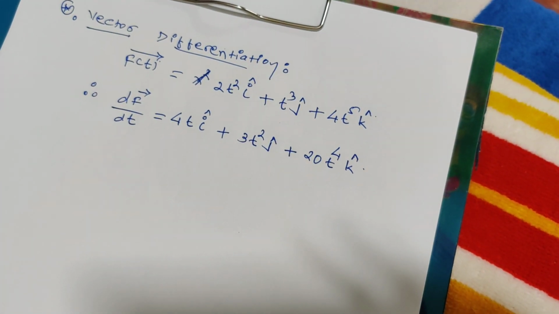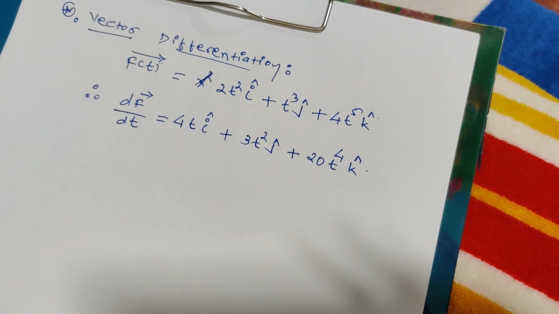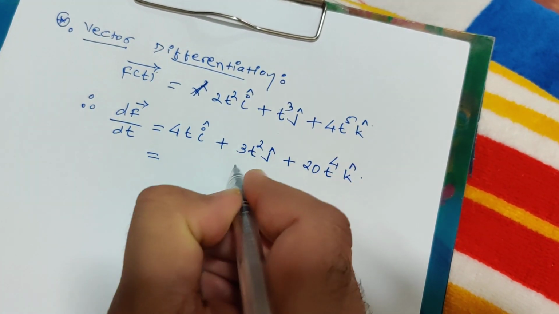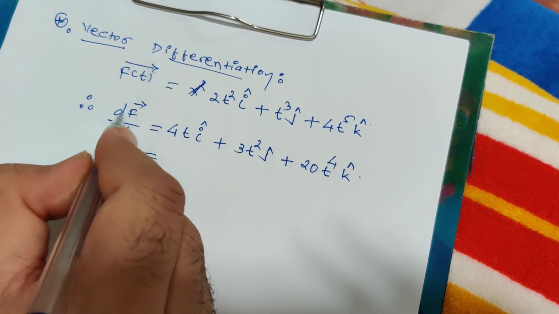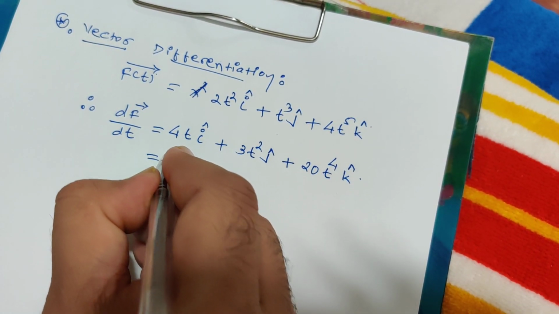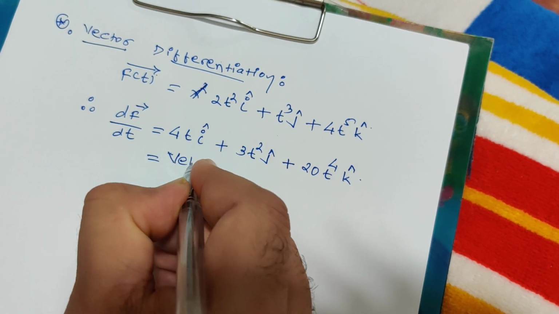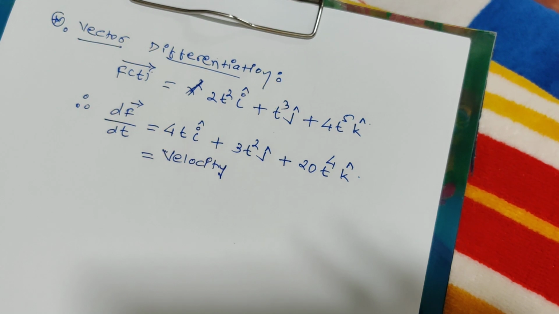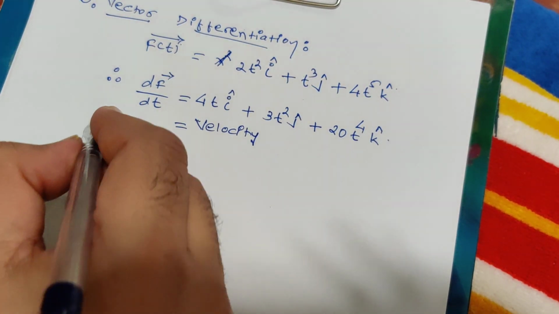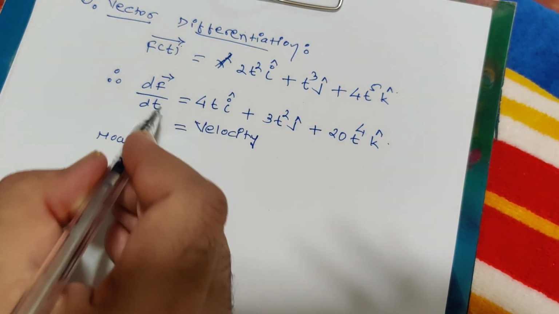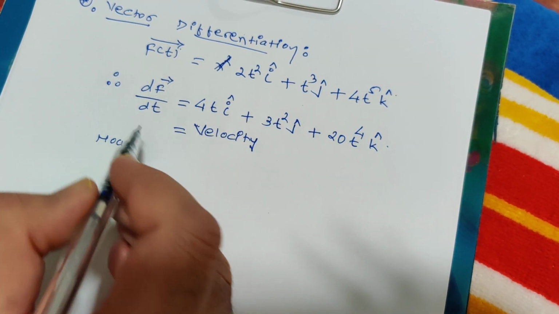So this is a very simple ordinary differentiation of the vector, and this first derivative of the given function gives velocity, students.